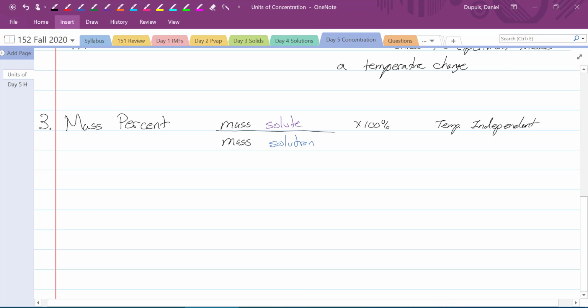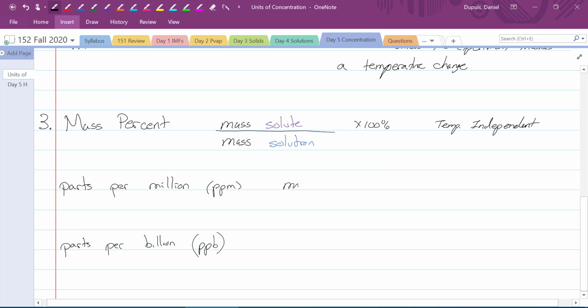There are two subparts of mass percent: parts per million, which is ppm, and parts per billion, which is ppb. It's the same thing.